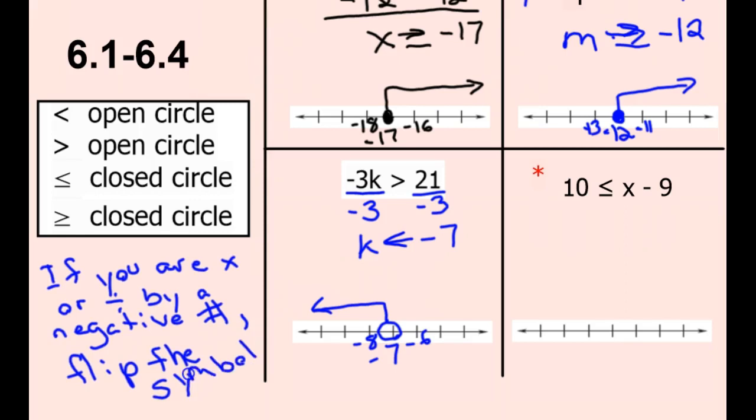Make a note of that on your note so you don't forget it on your test. So if you are multiplying or dividing by a negative number, flip the symbol.